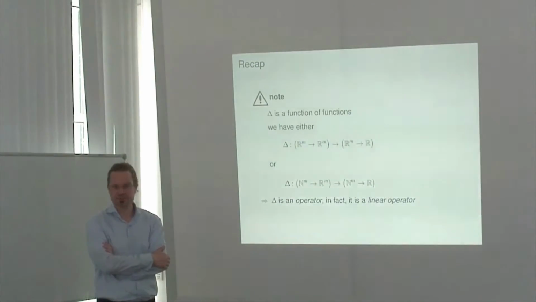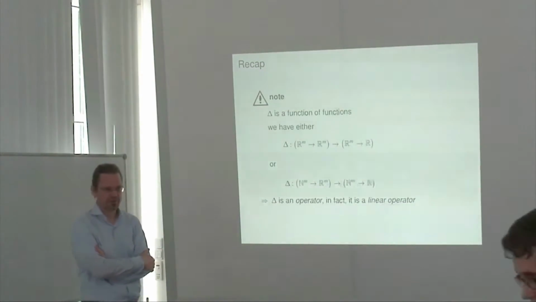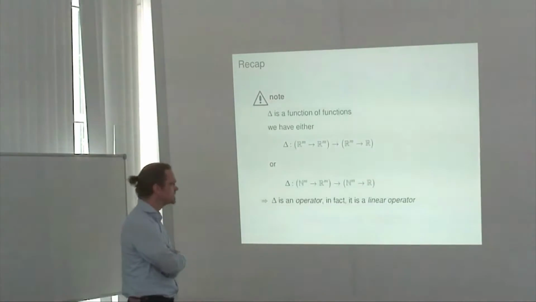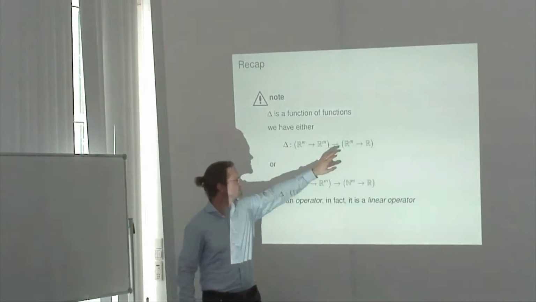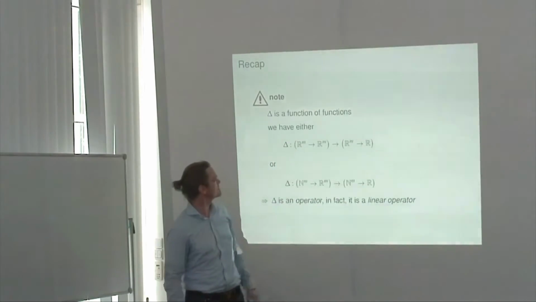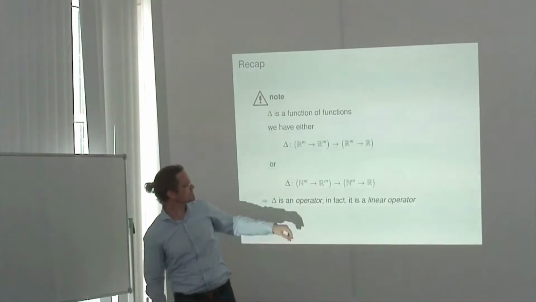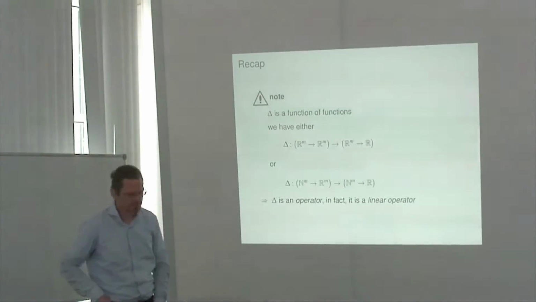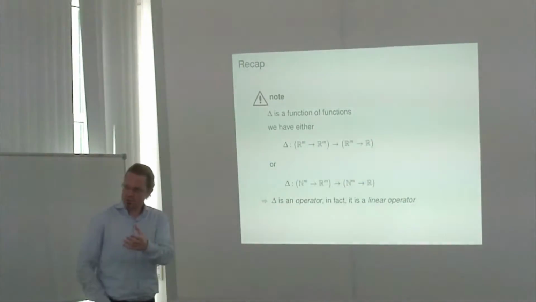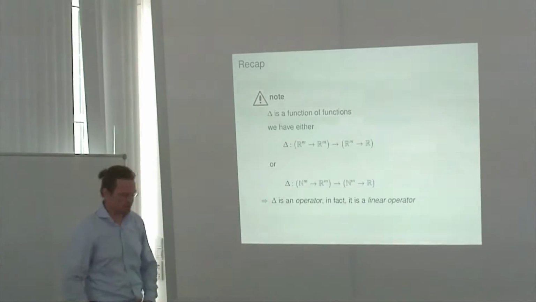That is what turns it into an operator. This is to say, it takes a function and produces a function. This is wrong here, that should be R to the m there. It takes a function and produces another function.